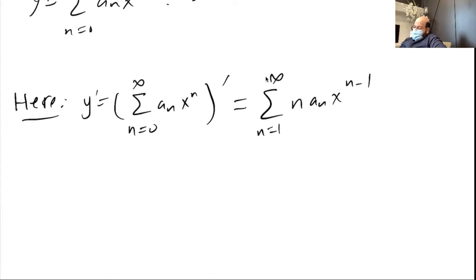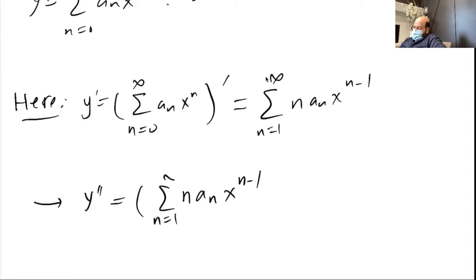Now if I differentiate one more time, y double prime will be the derivative of y prime, which means derivative of n a n x to power n minus 1 and from 1 to infinity.